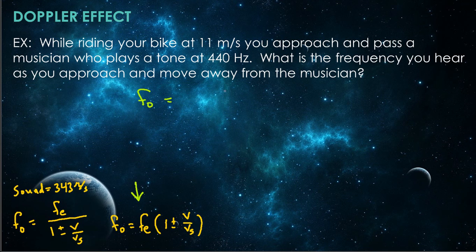So FO equals FE, 1 plus or minus V over Vs. Our emitted frequency is 440. Now it is going to be a plus for approaching because it's opposite of the other formula. So our velocity is 11 all over 343.